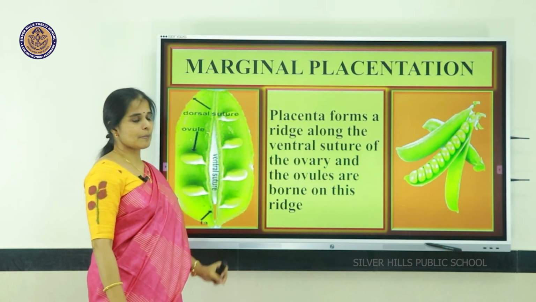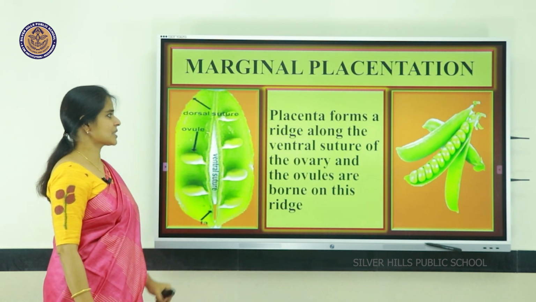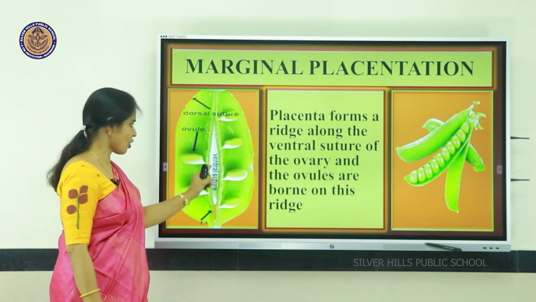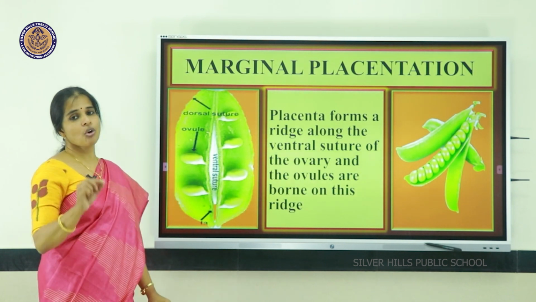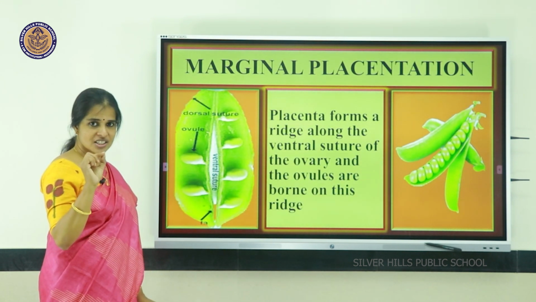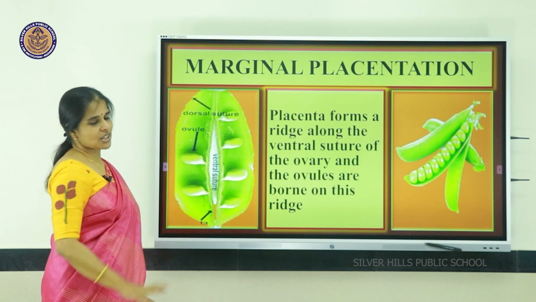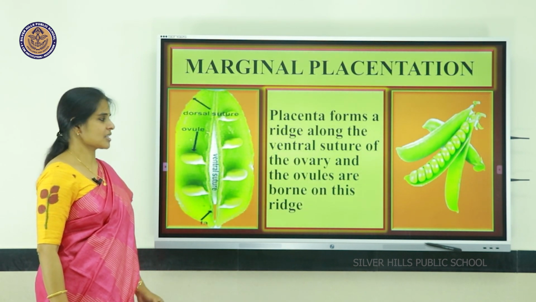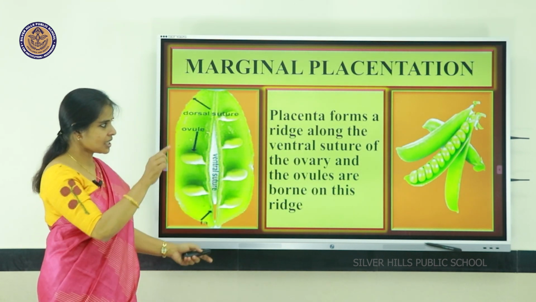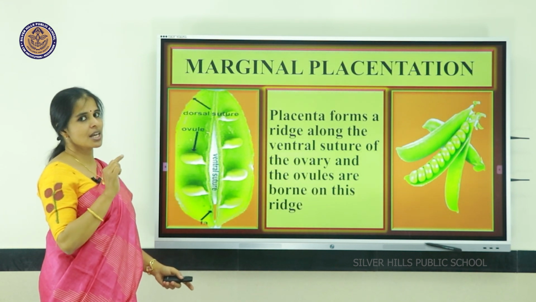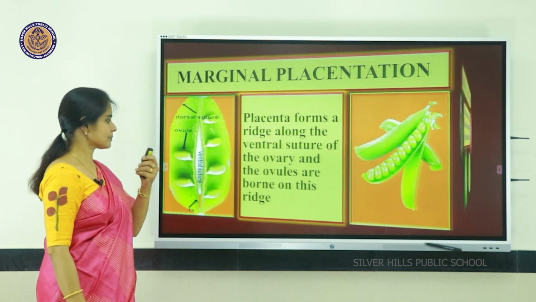So, what is marginal placentation? The placenta forms a ridge along the ventral suture of the ovary, and the ovules are borne on this ridge. The pea plant is the best example for marginal placentation, that is, from one margin all the ovules are originating.